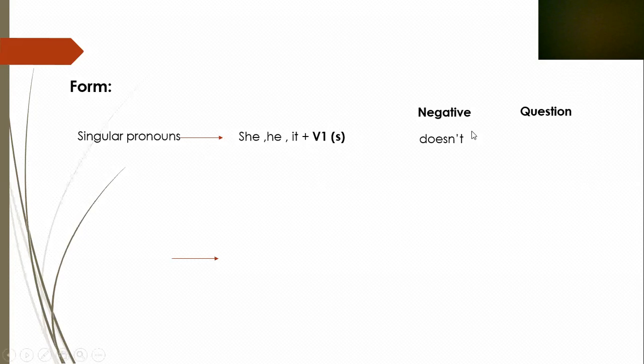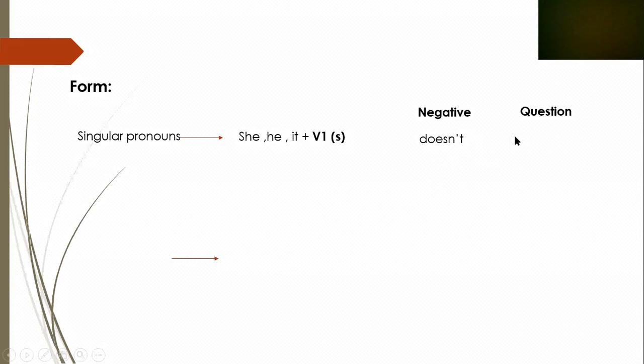When we want to make a negative, what do we usually use? We use does not, and does not is always followed by verb 1. When we want to make a question, what do you think we will use?